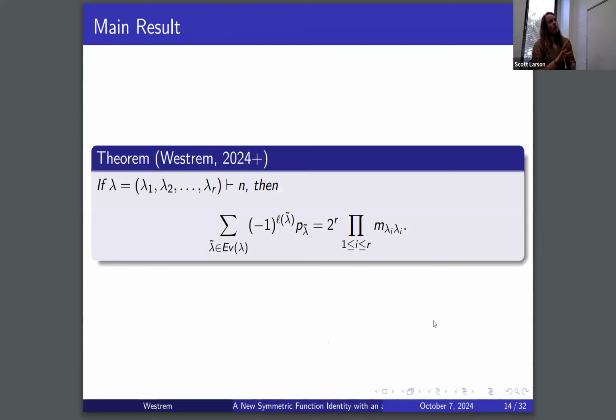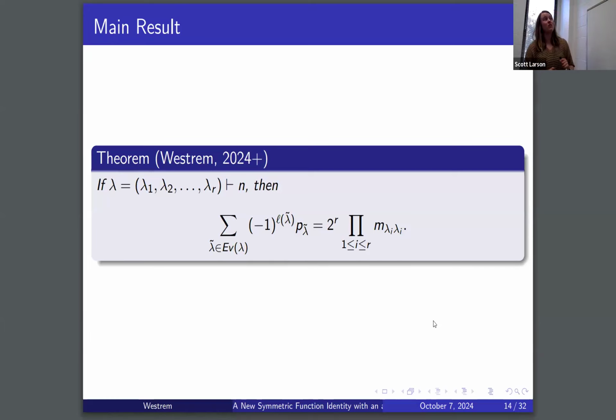So I'll explain a little bit where this came from, but essentially what this says is that we have some lambda with r parts, a partition of n, and I have this alternating sum of p lambdas, where the p lambdas are actually coming from that EV set that I originally defined. So p lambda tilde is what we're working with here. If I take the sum of these p lambda tildes and attach their sign according to their length, I have some type of cancellation happening.